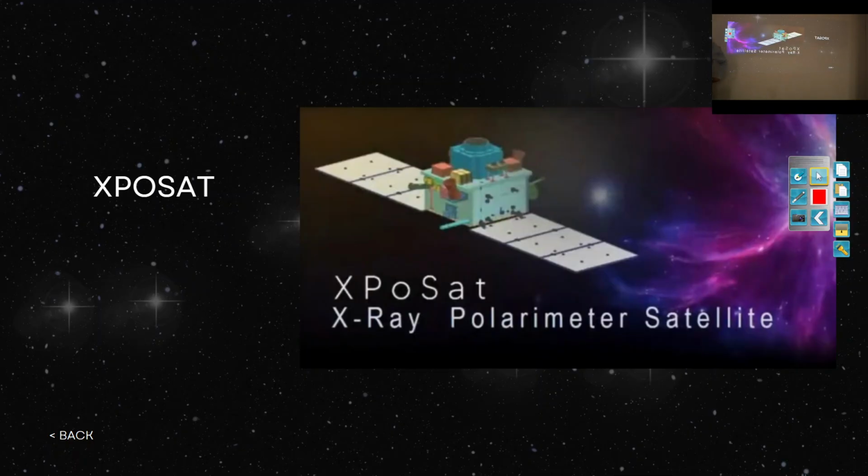And it is placed in the low Earth orbit.